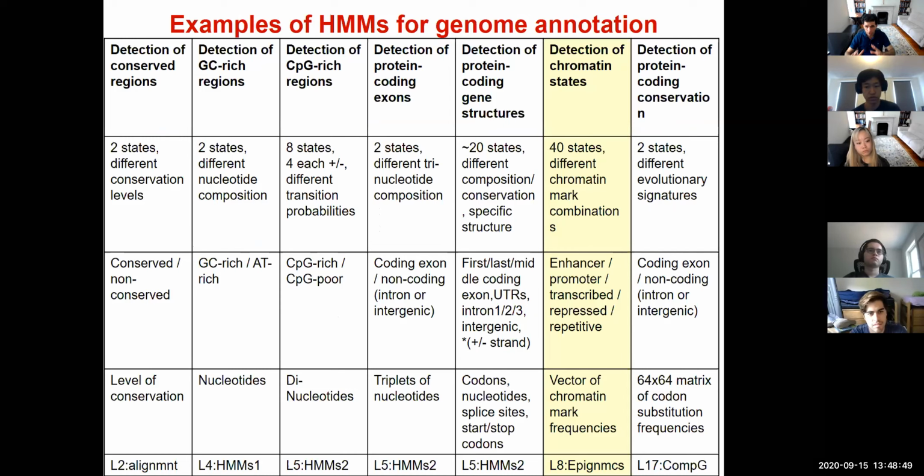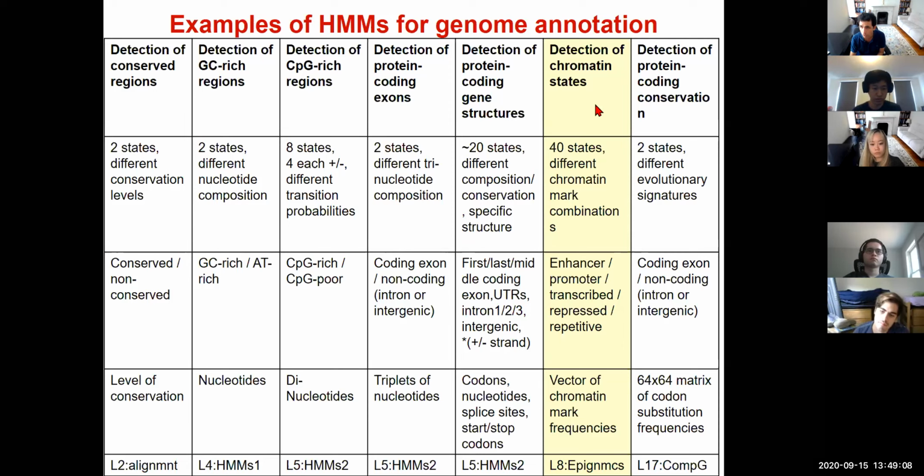All right, so that's maybe one of the most complex HMMs in genomics, looking for protein coding genes. But we can also use HMMs with less complex transitions but more complex states.